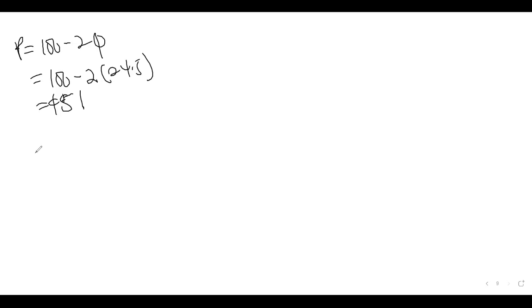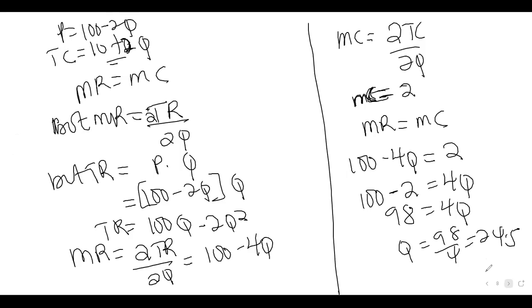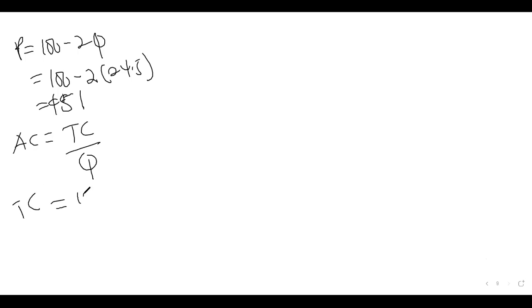We can equally find the profit maximizing average cost. So here, average cost is total cost over quantity. So the total cost was 10 plus 2Q, that's 10 plus 2 into bracket 24.5, because the quantity is 24.5.